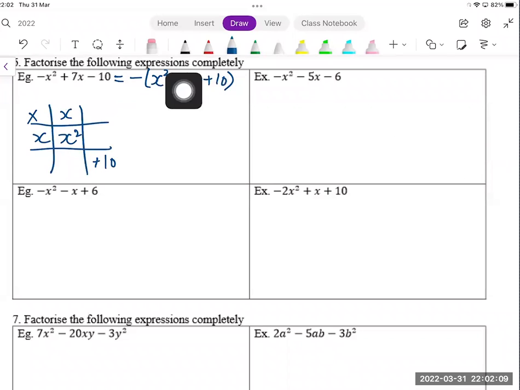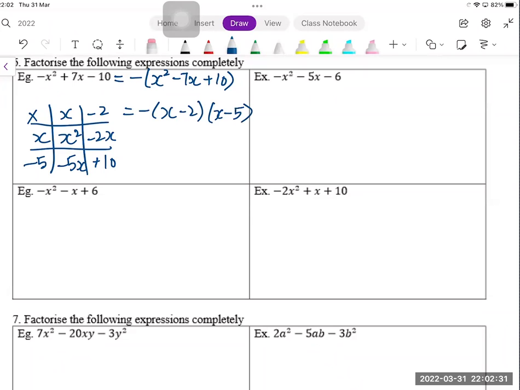You should be looking at the one after you take out the negative sign. So I need to get negative 7. Quite straightforward. I should use negative 2 and negative 5. So this is times x minus 5.